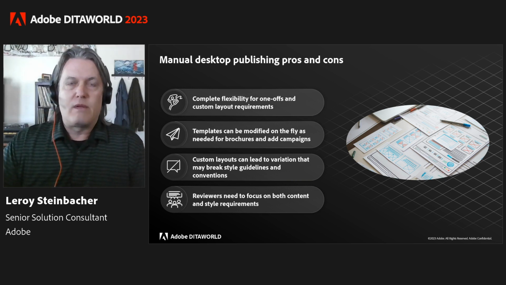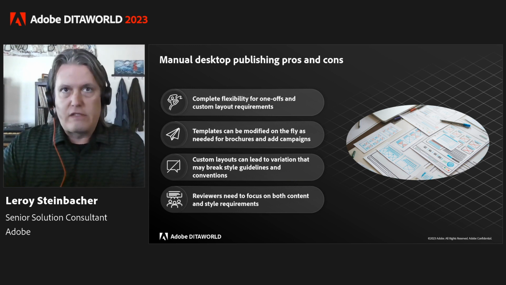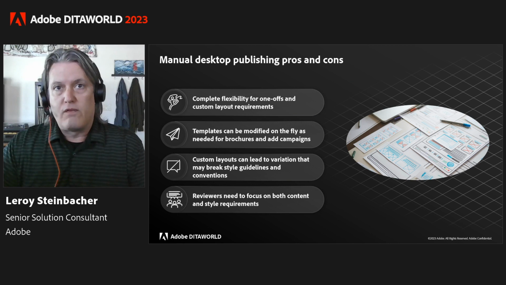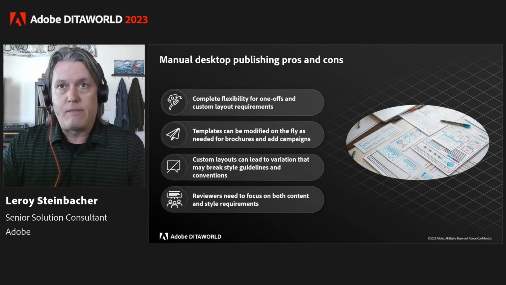But then the problem is, if you have all that flexibility, custom layouts can lead to a variation in your design, which may break style guidelines and conventions. And also, if you're sending your content for review, reviewers will need to focus both on the content and the style sheet or the style requirements that you may have.